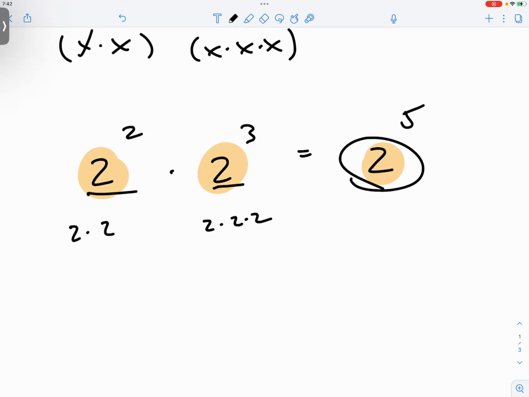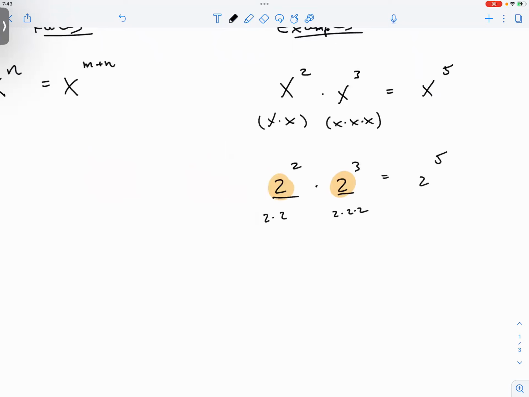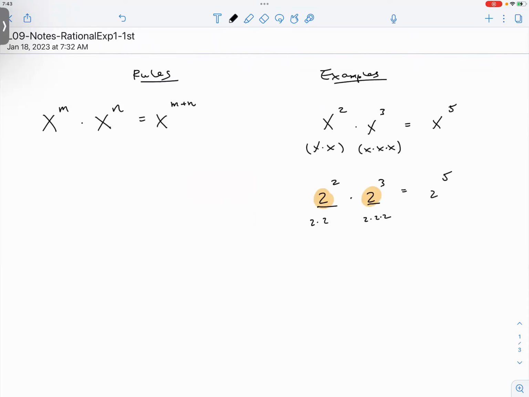Some people would attempt to do this. And if you understand the meaning, you'd be like, what kind of nonsense is this? Because clearly there are 5 copies of 2's multiplied by itself, not 4's. So this is the kind of argument that you need to have for yourself before you start this, okay?